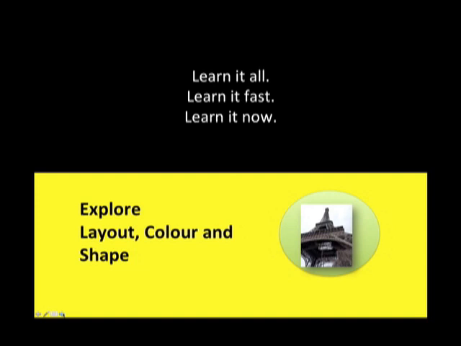Learn is used 3 times, and it builds. Learn it all, gets bigger, learn it fast, learn it now. That builds the information and builds the significance of it. The bottom half has a contrasting color with, again, text in a different color and a very small image in the corner just to add a little bit of interest and focus point for your eye.